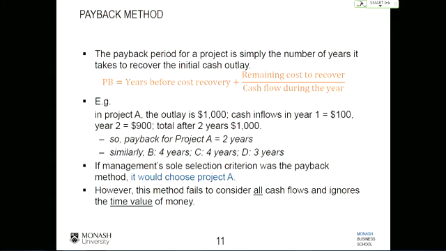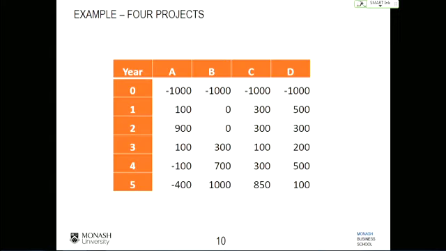So how to measure the payback period? If you come back to the cash flows of the 4 different projects, with the first one, the initial cash outlay is $1,000. It's an outflow, that's why it is a negative number. How long does it take to recover that $1,000? 2 years.